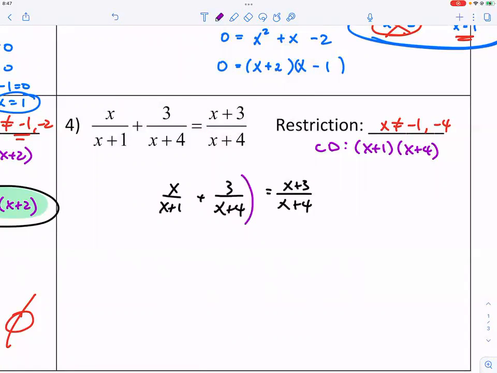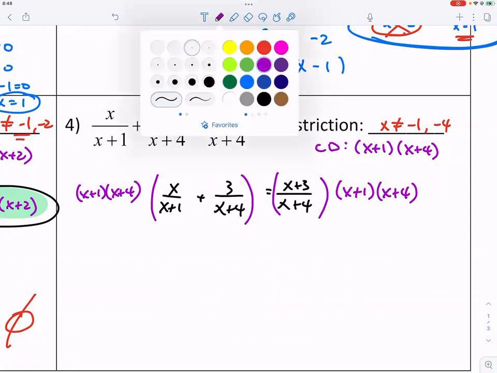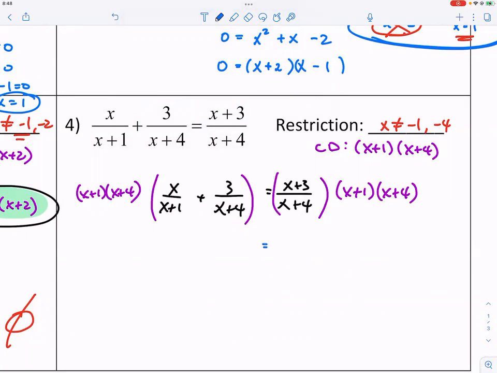So we will again multiply by the common denominator. So on the right-hand side, the x plus 4 will get canceled out. So you have x plus 3, x plus 1.